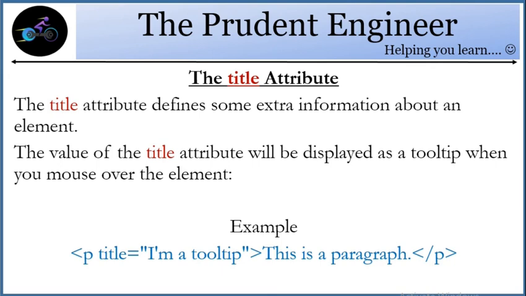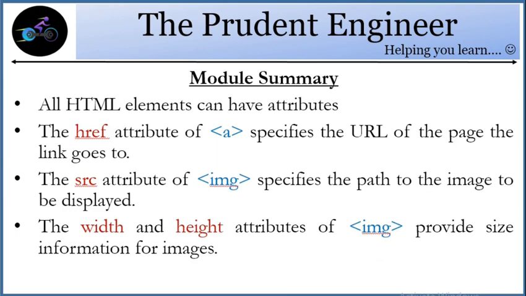I hope this is clear to all of you. In the last, I'll summarize what we have done so far. We got to know that all HTML elements can have attributes. We used the a tag to use the href attribute. We used the img tag, for images, to use the src attribute. We used the width and height attributes with the image.